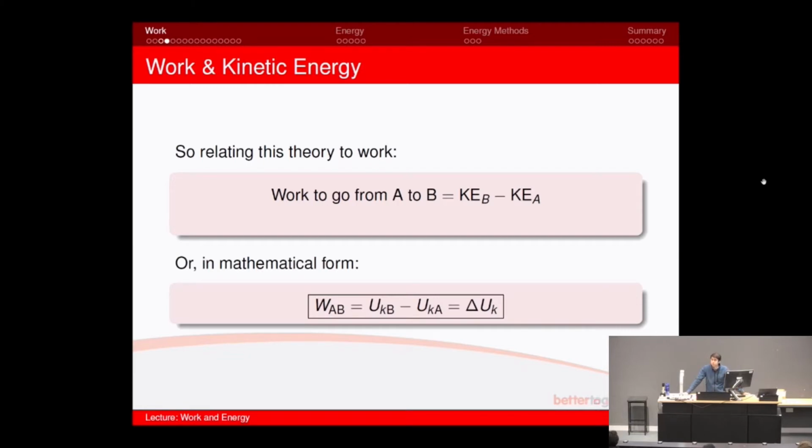Capital letter U usually indicates energy, and the subscript shows you which kind of energy it's talking about. So you can see the subscript K stands for kinetic, and then A or B showing you it's the kinetic energy at point A or the kinetic energy at point B. And that equals delta U subscript K, which is the net or the difference in kinetic energy for that state.